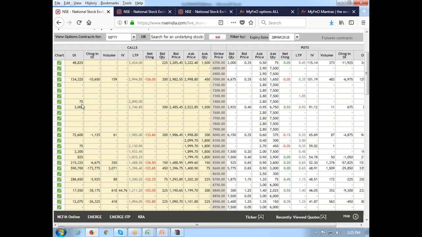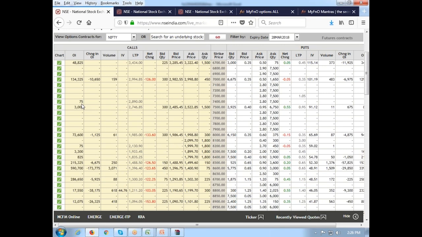Whereas if you look at JP Associates, one lot will be 15,000. If I sort only share-wise, then 15,000 will come at the top and 75 at the bottom, but that is one lot for both of them.